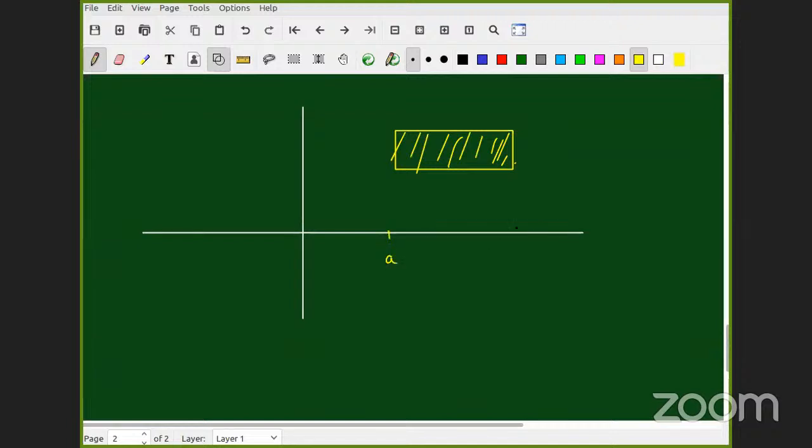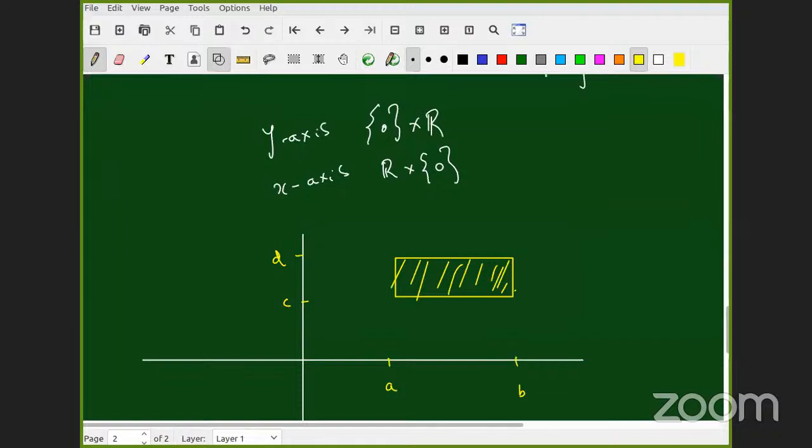This is A. This is B. This is C. This is D. I'm clearing all your feedback. Only the yellow portions I want. Of course, this rectangle is filled actually.